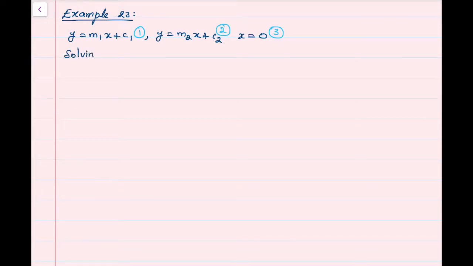Solving the first two equations. The first equation is y is equal to m1x plus c1 and the second equation is y equal to m2x plus c2. We will change the sign.